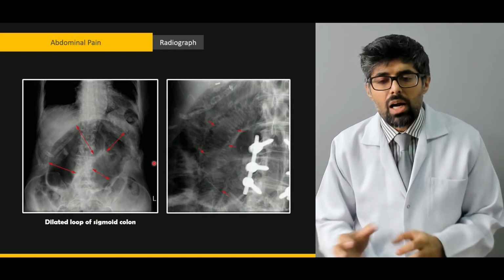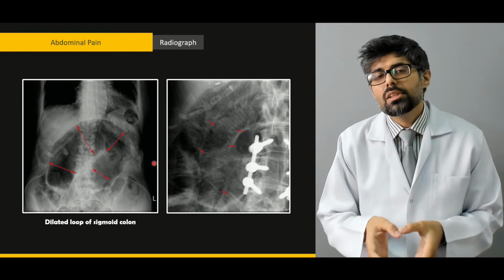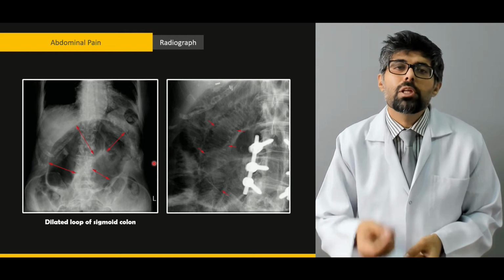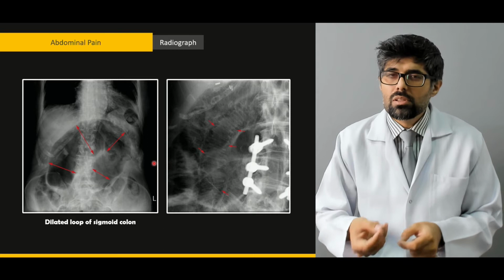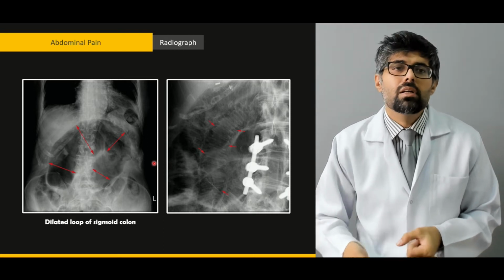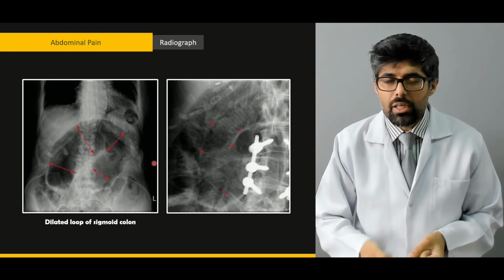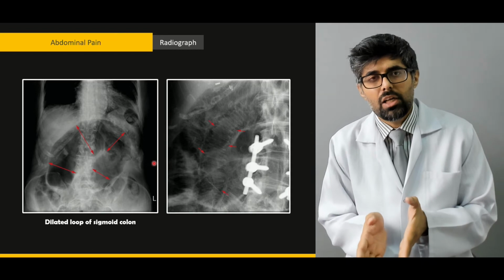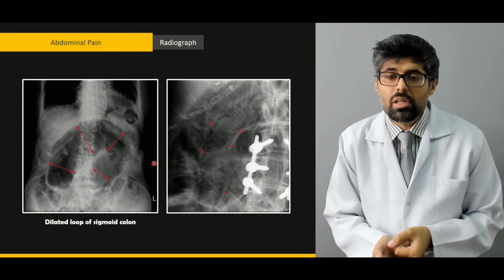Now, as I mentioned earlier, whenever the intestine is perforated, air escapes out into the abdominal cavity. But sometimes this escape of air doesn't happen directly. Sometimes it escapes between the layers of the intestine instead of going into the abdominal cavity.